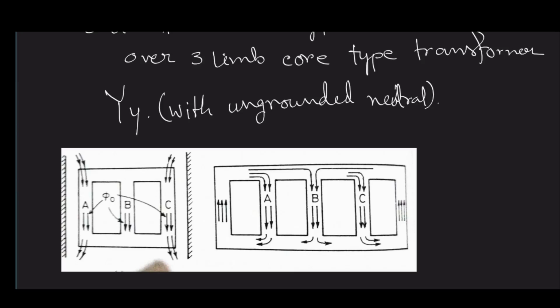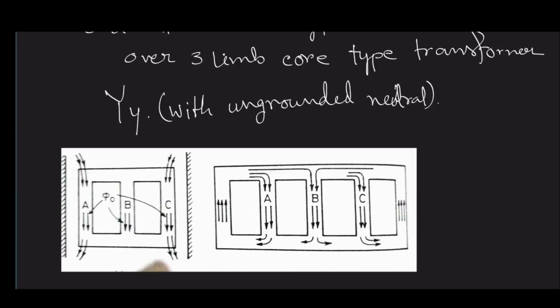We know that flux path forms a closed loop. It's almost like current: as current needs a closed path to circulate, likewise flux also needs a closed path to circulate.